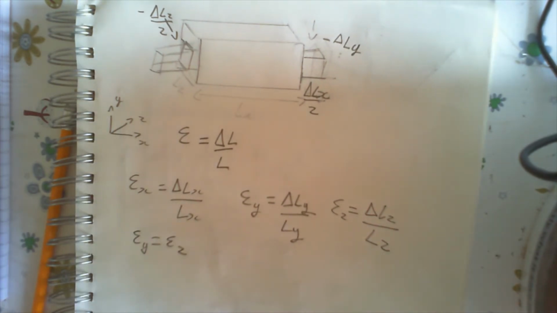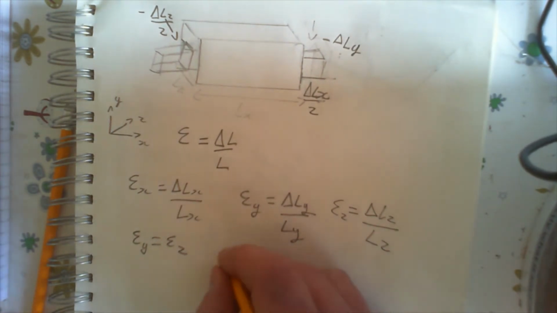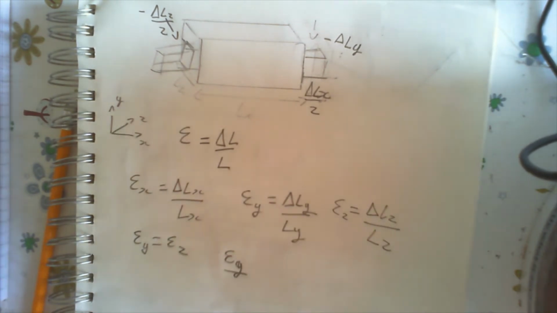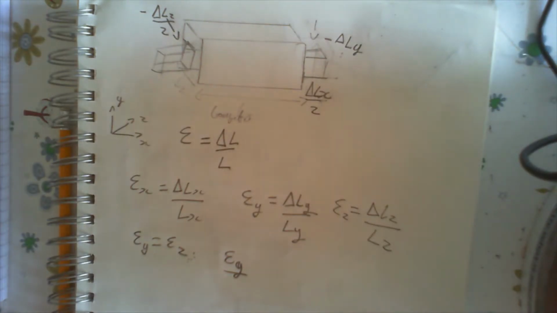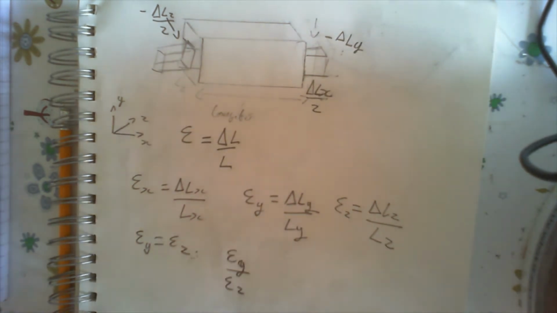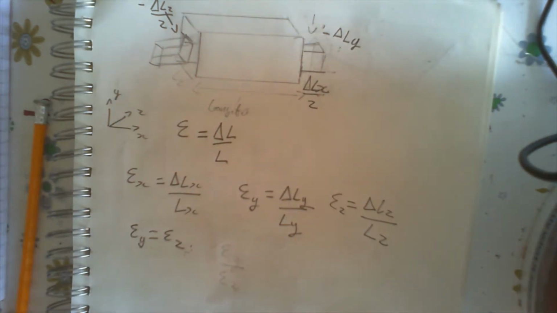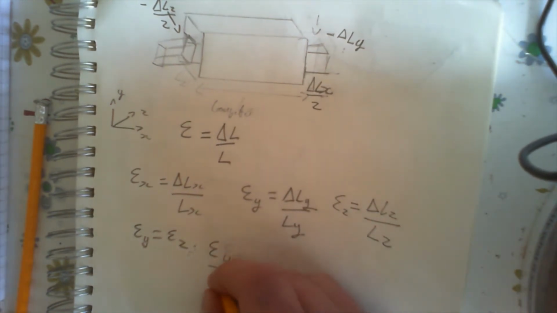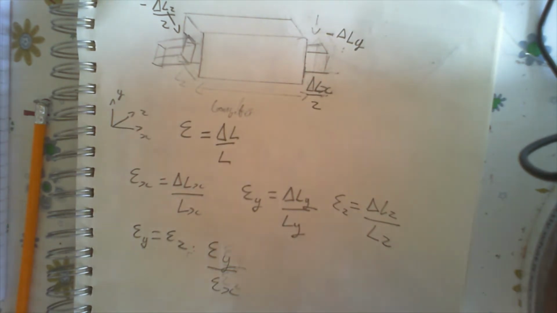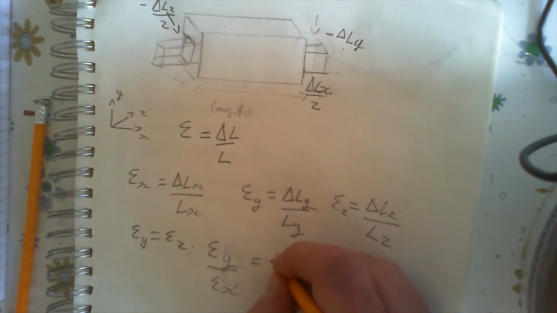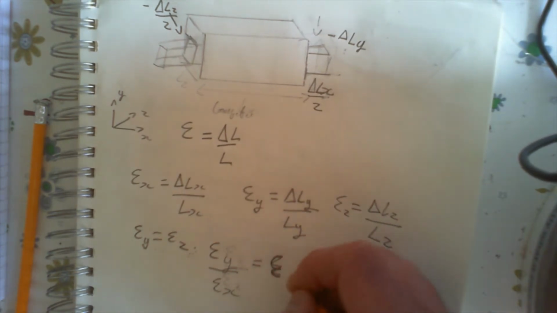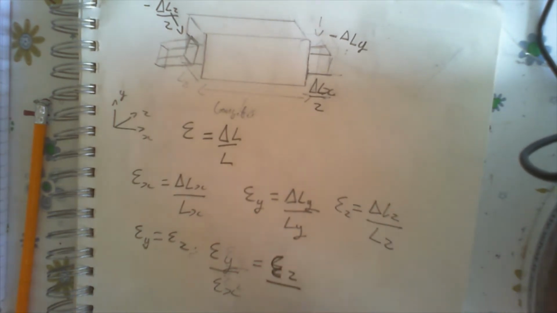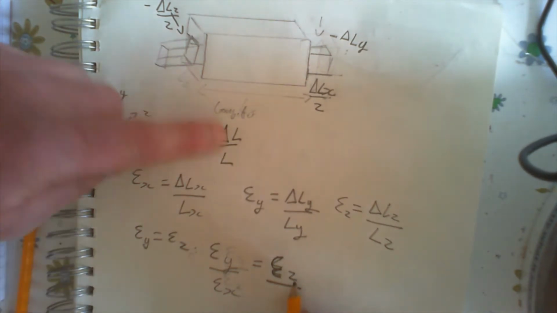So we can say, well, the y and the z, they are not the Young's modulus, but the ratio of longitudinal to lateral strain, which is equal to the strain on the lateral.